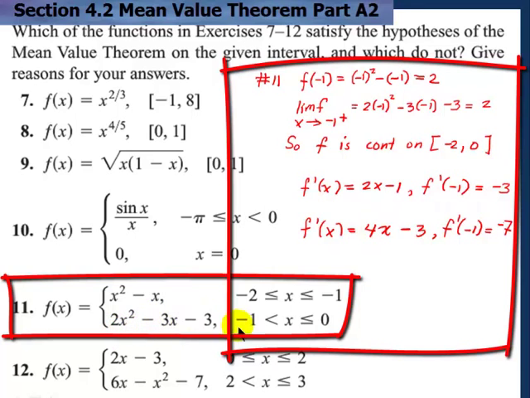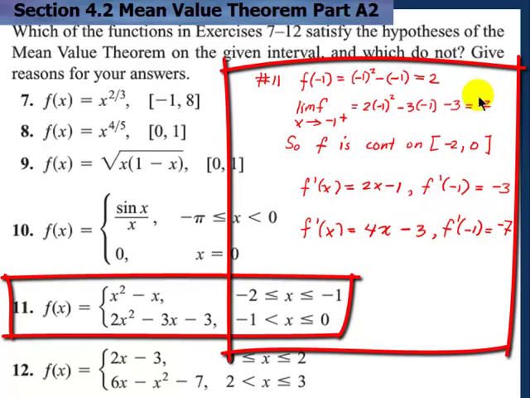Now we take the derivative on the right side of -1. We differentiate this function, and we see that the derivative is equal to 4x minus 3. Now you plug in -1 into this derivative, and we see that f prime of -1 is equal to -7.